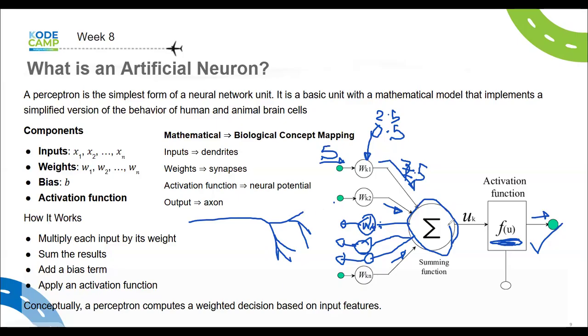At that point, you could also compare this to multiple neurons, even though, well, this is where we have a little bit of difference, right? Because in the biological neuron, you can have multiple outputs, right?